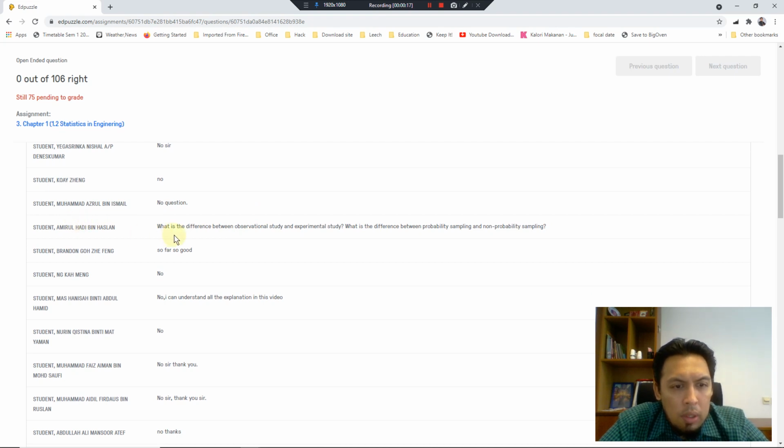Amirul Hadi asks: what is the difference between observational study and experimental study? And what is the difference between probability and non-probability? Okay, so observational study, right? The main difference between these two studies is that this is called random study, and this is called control study.